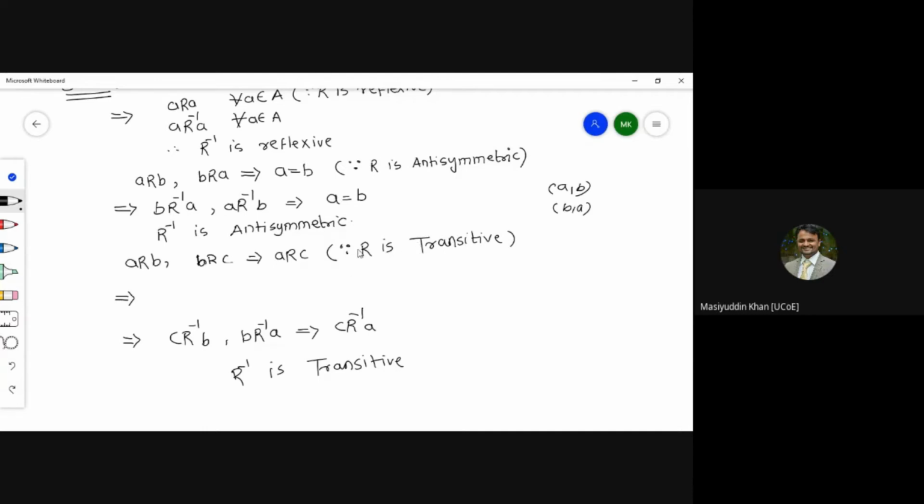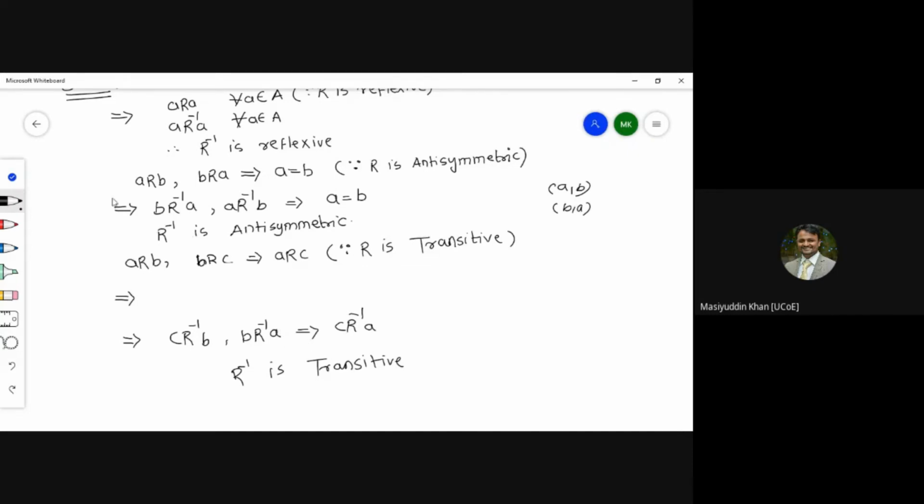But whenever we have to take the inverse of the relations, A related to B is by default your B related to A, B related to C is your C related to B, and A related to C is your C related to A in inverse function. So according to that inverse function, we write C related to B, B related to A, therefore C related to A in inverse. Therefore R inverse is transitive.